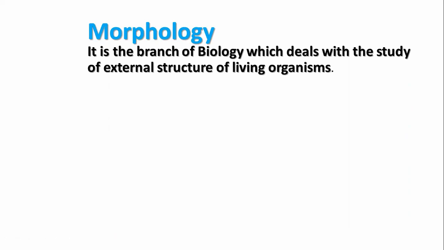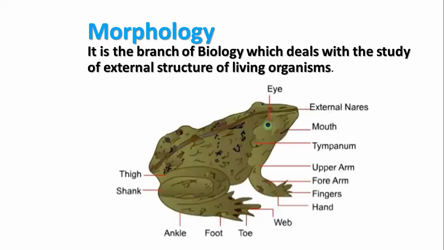How can we define morphology? Morphology is defined as the branch of biology which deals with the study of external structure of living organisms. As I told you in the previous lesson, if we study any organism externally, how it looks, and find out its external features, that is studied under the branch of biology called morphology.